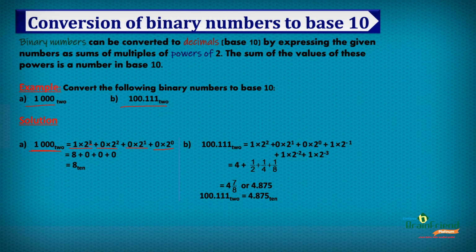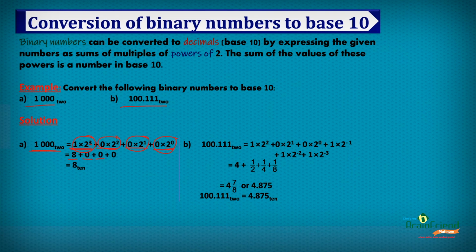The next step is to evaluate the values of each of these. 1 multiplied by 2 raised to power 3. 2 raised to power 3 is 8. 8 multiplied by 1 gives us 8. 2 raised to power 2 is 4, but 4 multiplied by 0 gives us 0. 2 raised to power 1 is 2, but 2 multiplied by 0 gives us 0.